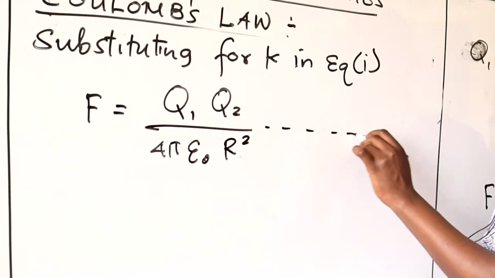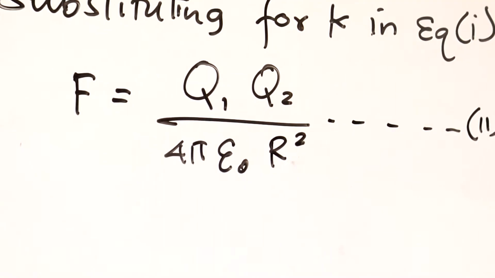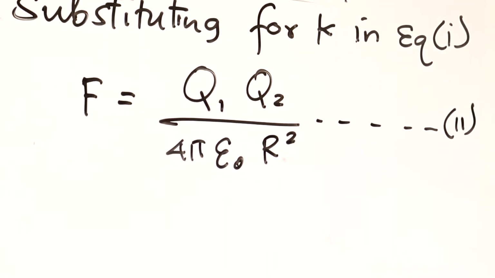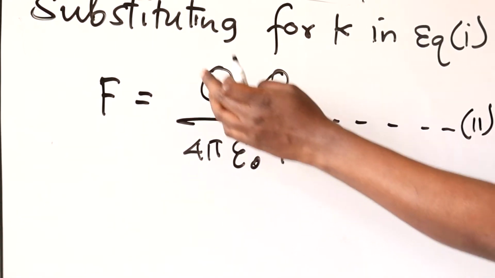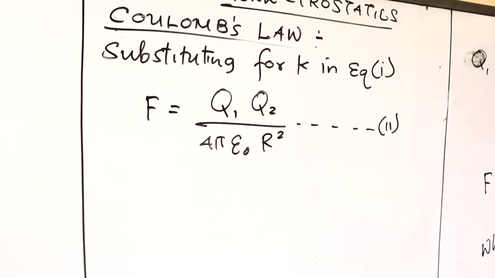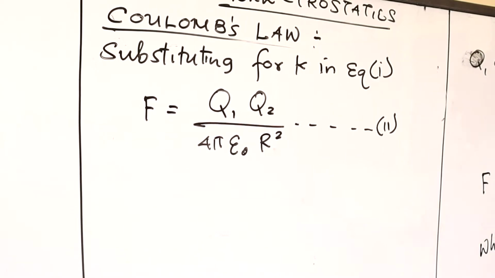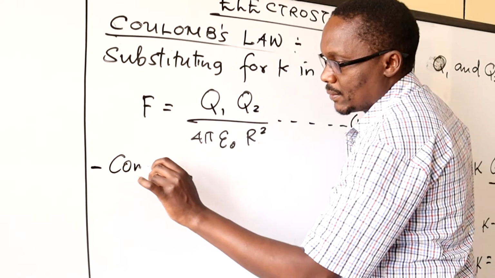We can call that our equation number 2. So that is our representation of Coulomb's law. Now that we don't have the constant of proportionality, it can also be represented as that.